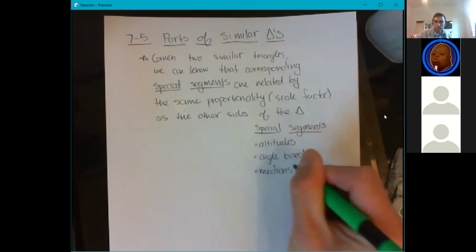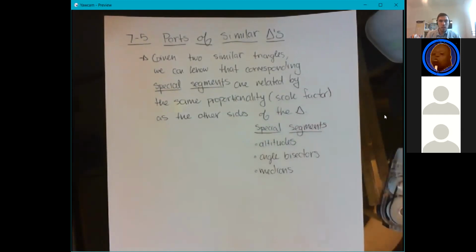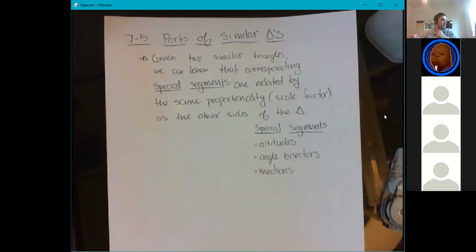Let's do a quick recap just because it's been a little bit since we used these. What's an altitude? A 90-degree angle, like perpendicular. Good. I got one side of the triangle, and our altitude is going to be 90 degrees to that side. And then what is it going to touch on the opposite side of the triangle? It's going to touch the vertex on the opposite side.